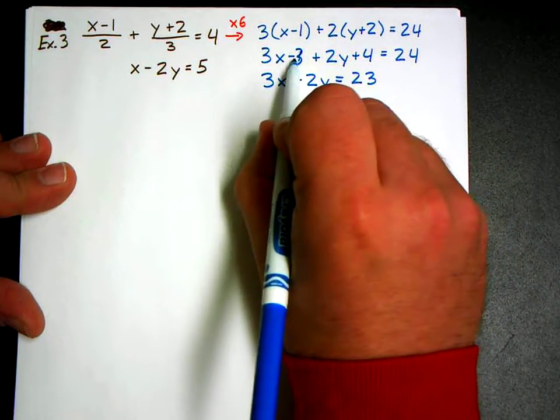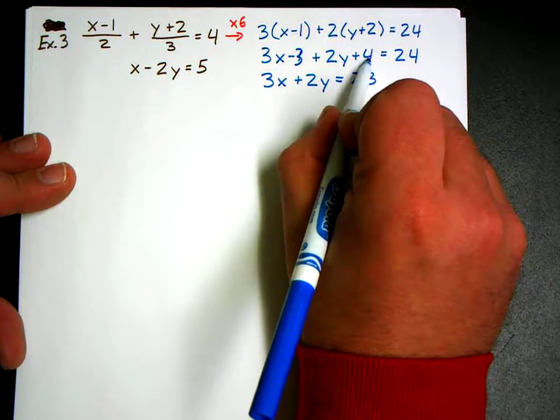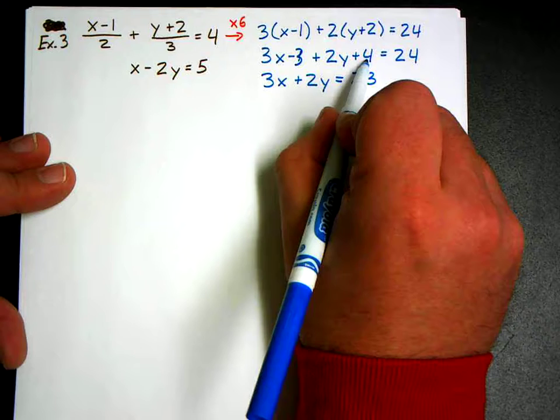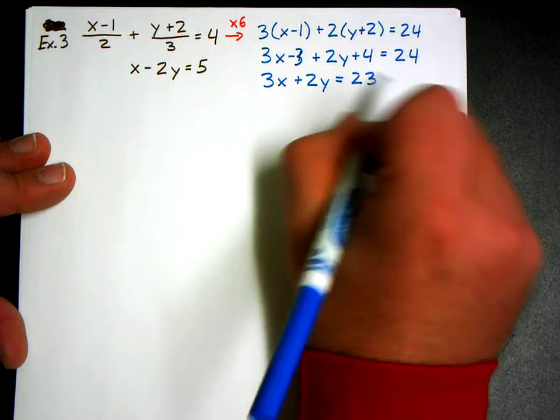If I have minus 3 and plus 4, what do those become? 1. Okay, so then I subtract 1 from both sides.